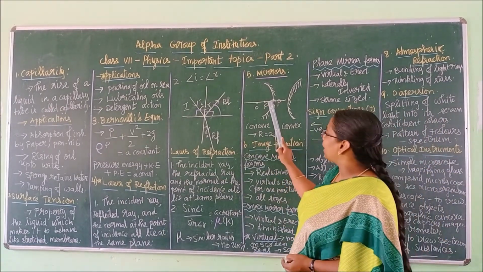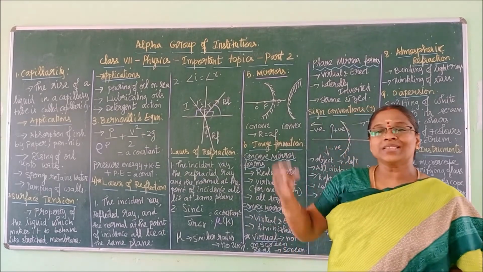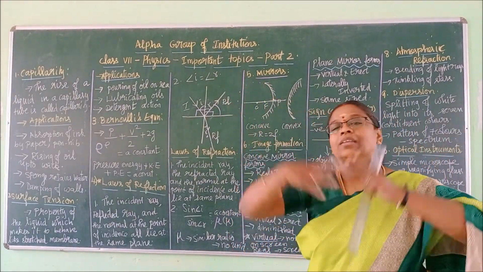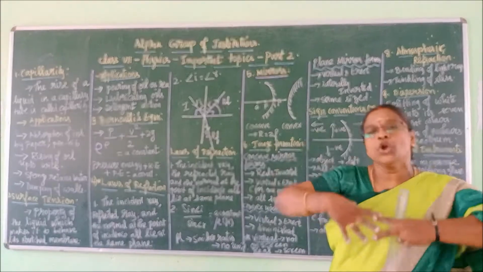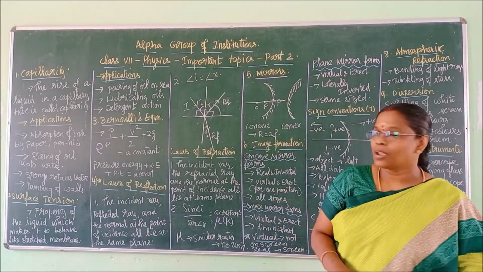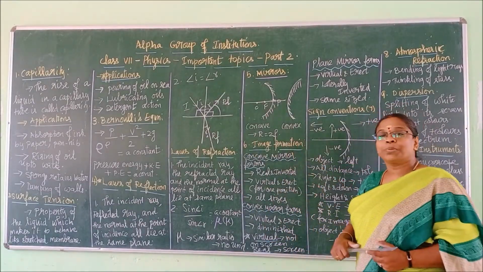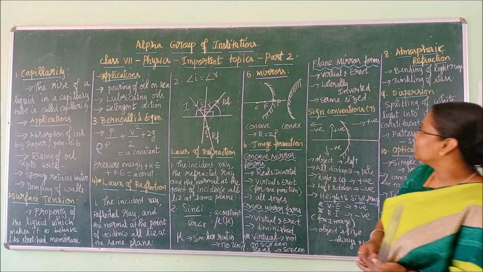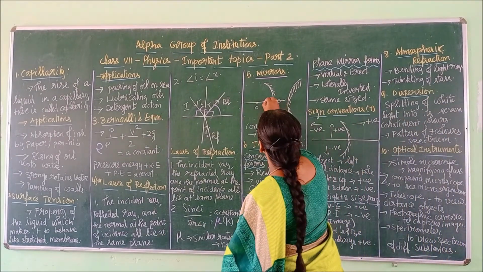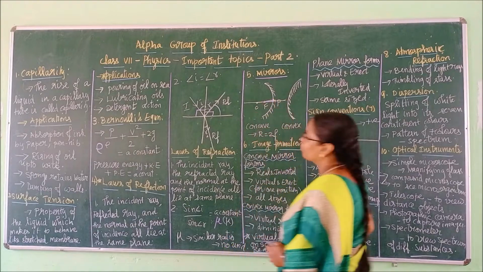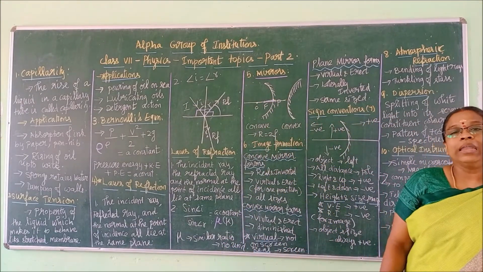Principal focus is a point where the light rays either come and meet or come out of that point. Converge or diverge. That is called the principal focus, and the distance between the focus and the pole is called the focal length.